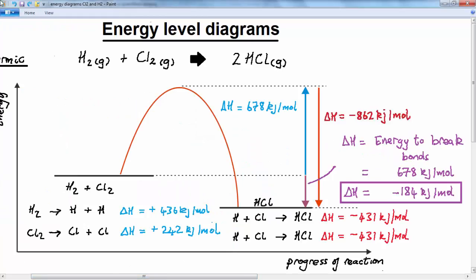So the overall change in enthalpy for the reaction of hydrogen with chlorine gas to produce hydrogen chloride is minus 184 kilojoules per mole, which tells us that the reaction is an exothermic reaction.